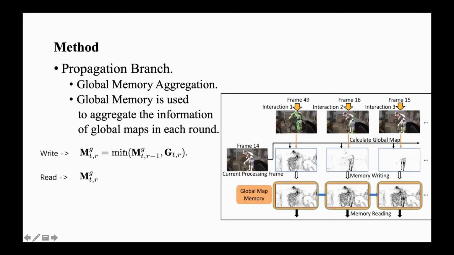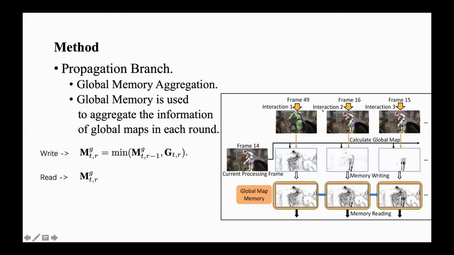So how do we aggregate the information from the previous interaction rounds? For the global map, we just keep the minimum number for each pixel in the global memory. For example, at interaction 1, we have the global matching map, and we just put it in the global map memory.